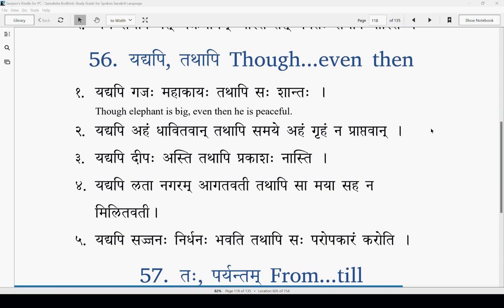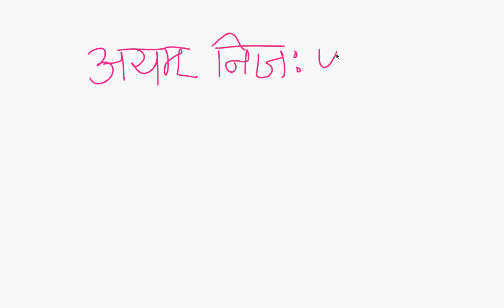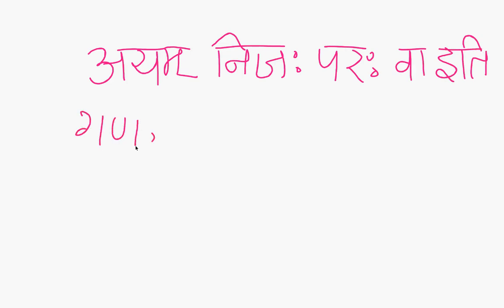So in the first part there, Ayam Nijah Paraha Veti. Yeah, this is actually a good one. So there are a few words to understand, and some of these you know. Ayam Nijah Paroveti. Paroveti, there is a sandhi there. Paraha Veti. Veti also there is a sandhi. Va iti. Ganana Laghuchetasam.